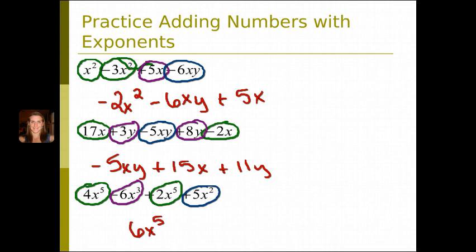Then our next highest exponent is the negative 6x cubed. And then our last term would be plus 5x squared. And that's our review on adding numbers that have exponents. It's just simply combining like terms and adding your coefficients.